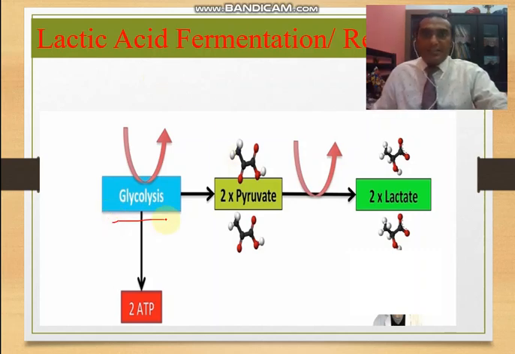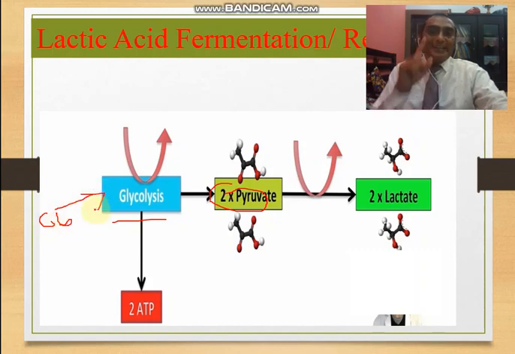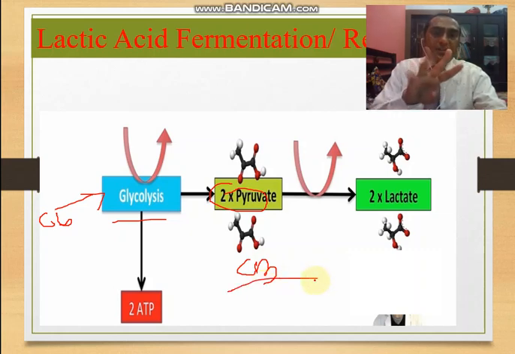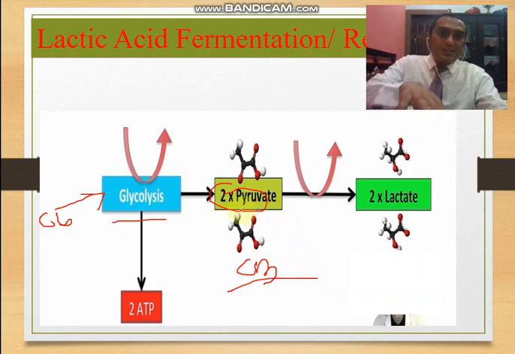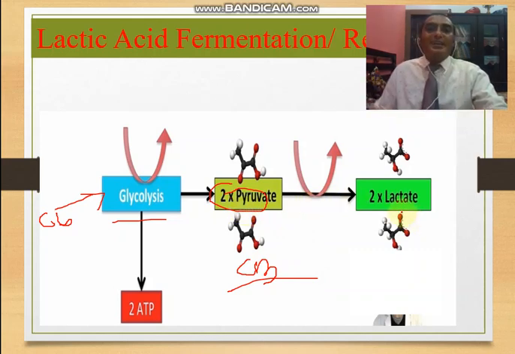Glycolysis breaks the six carbon glucose into two three carbon pyruvates, and these are then utilized in lactic acid fermentation.